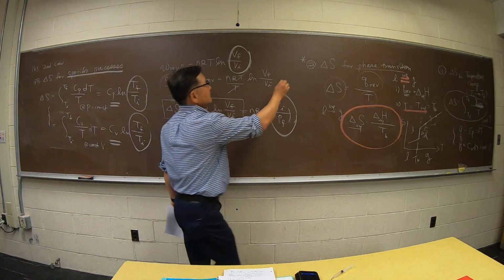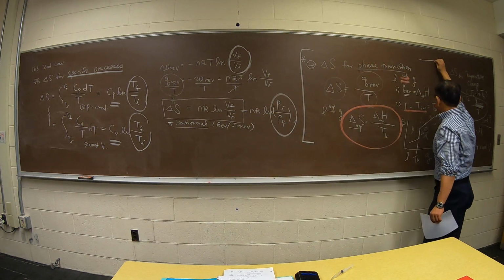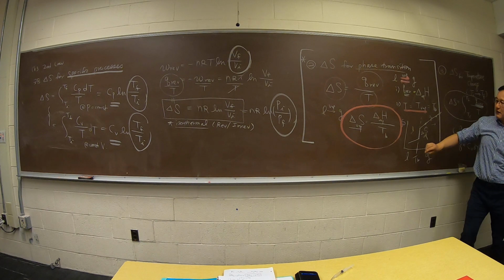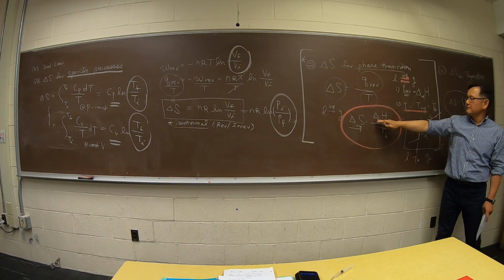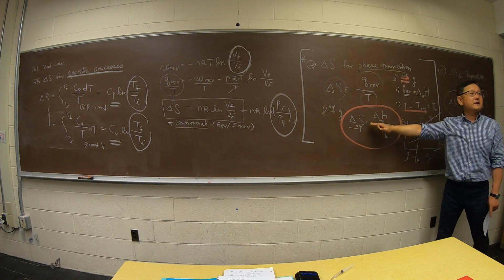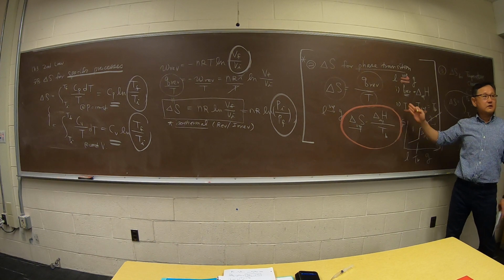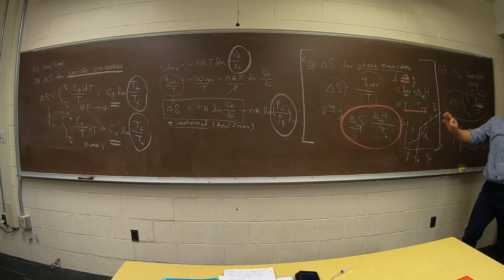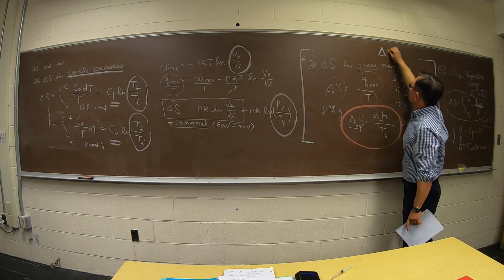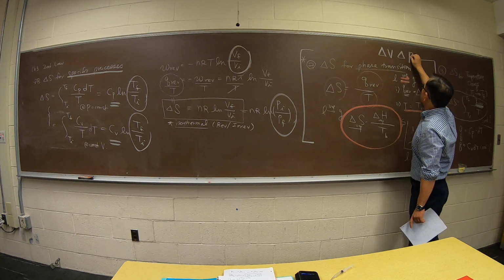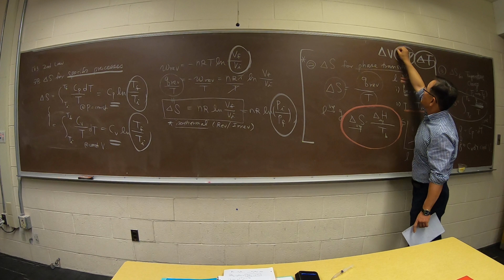To me, the phase transition is a self-standing subject. Entropy change for phase transitions, vaporization, melting, sublimation, you just divide delta H by the transition temperature, and you can calculate delta S. Whereas anything that's changing the volume, the pressure, or the temperature, these are the quantities we can consider.